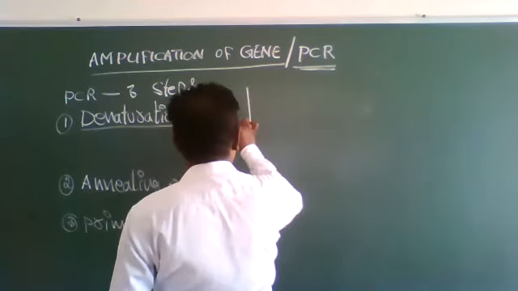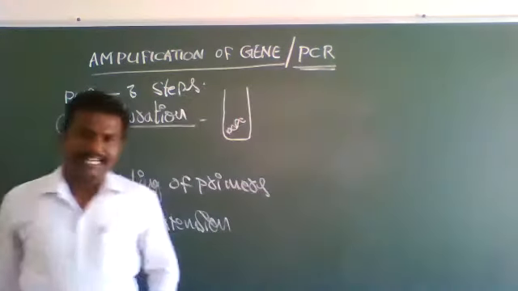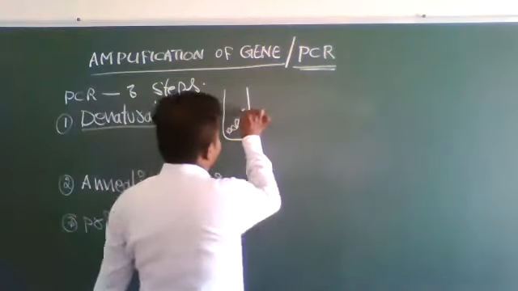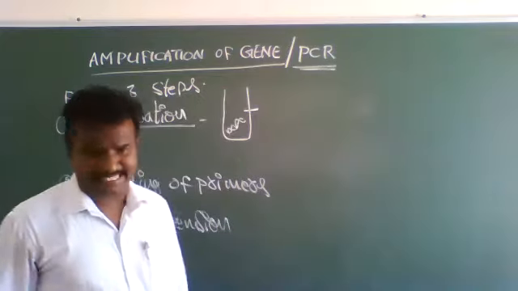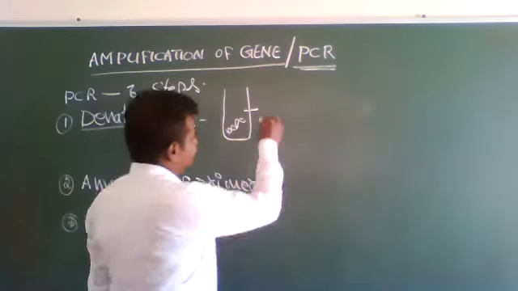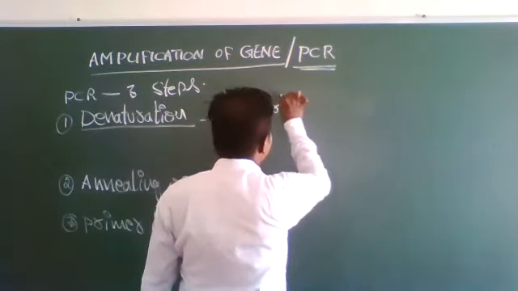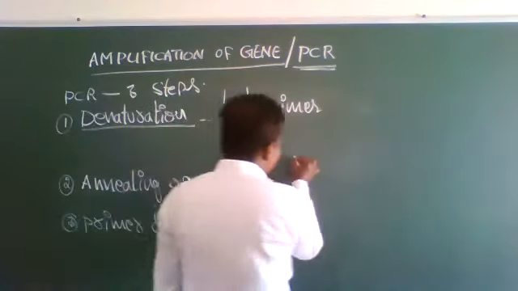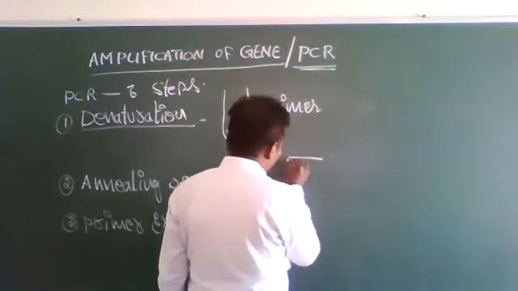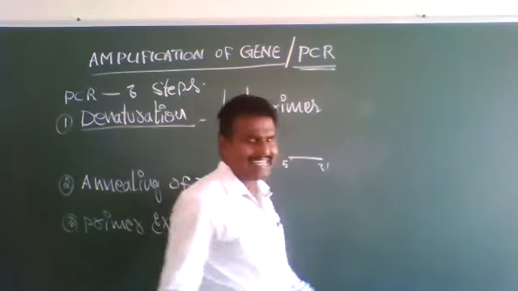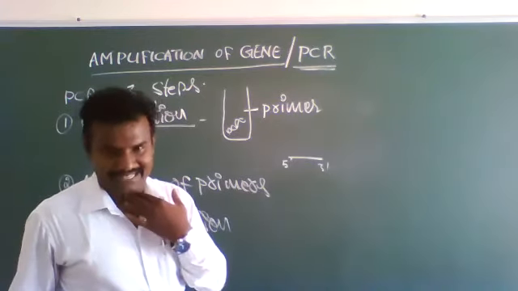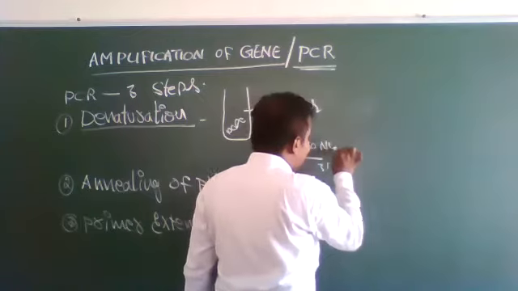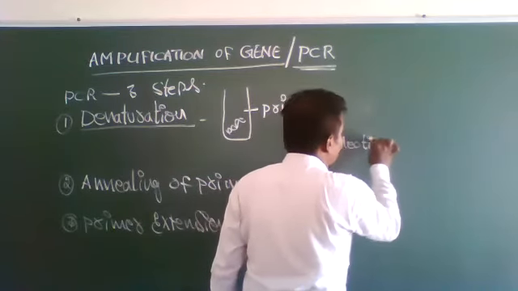In this, chemically synthesized primer is added, written 5' to 3'. The chemically synthesized primer contains 20 to 30 nucleotides.